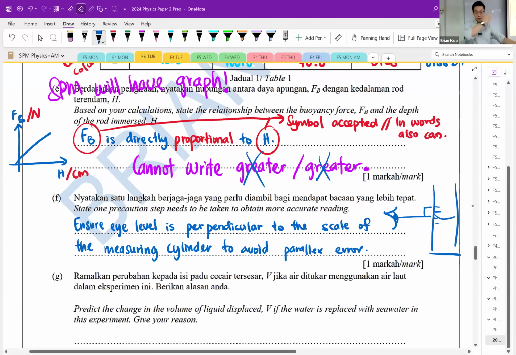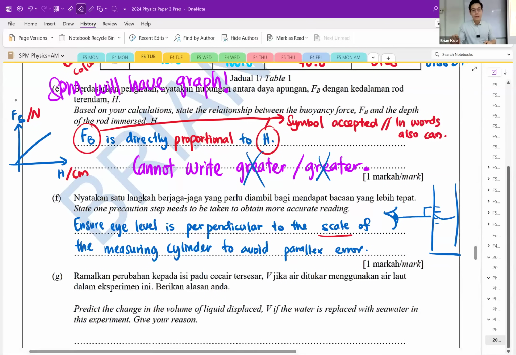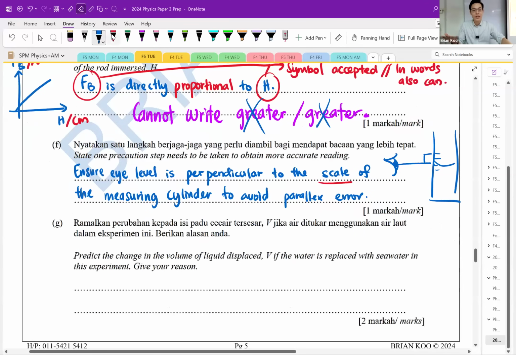Cannot write scale, need to write reading. I have never heard anything like that, but I can double check. So far scale, there's nothing wrong. Yeah, no problem. Okay. I don't know. Maybe in a small case, if it's not a measuring cylinder, then you replace this word with other things, right? Maybe you're using a beaker or whatever. Then change the word. Be flexible a bit. Okay.